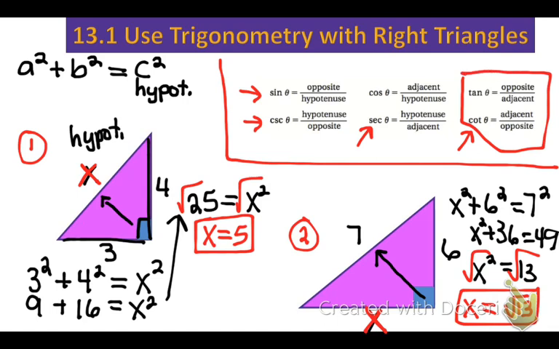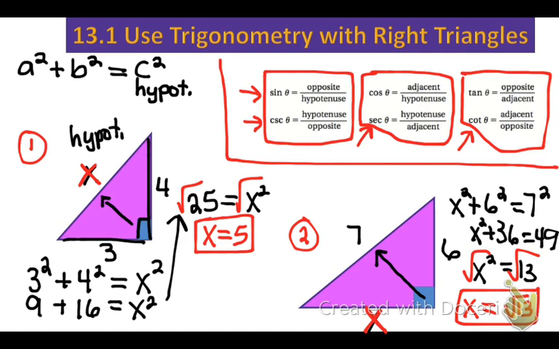Notice that it says opposite over adjacent, where cotangent says adjacent over opposite. So if we're able to determine the tangent, all we need to do is find the reciprocal, and we can determine the cotangent. Same thing with our cosine and secant, and our sine and cosecant.